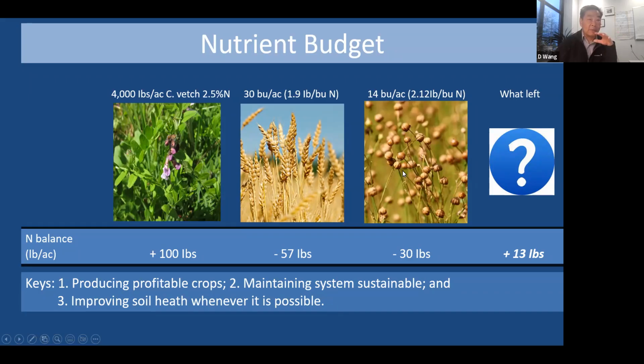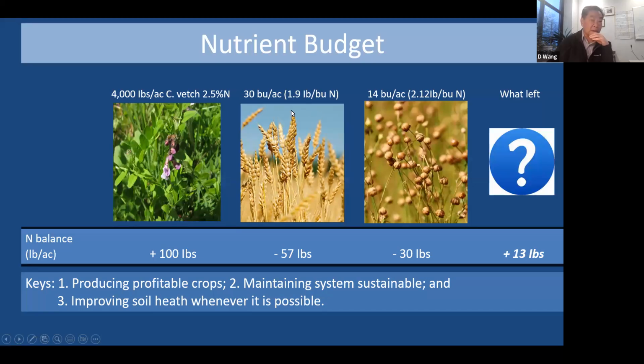You could have 2 crops or 3 crops that use up all the nitrogen put back into the soil in year 1, but not to create a deficit. Let's say, in 3rd year, in 4th year, can you see my cursor? You got 13 pounds, you could grow another cereal crop.